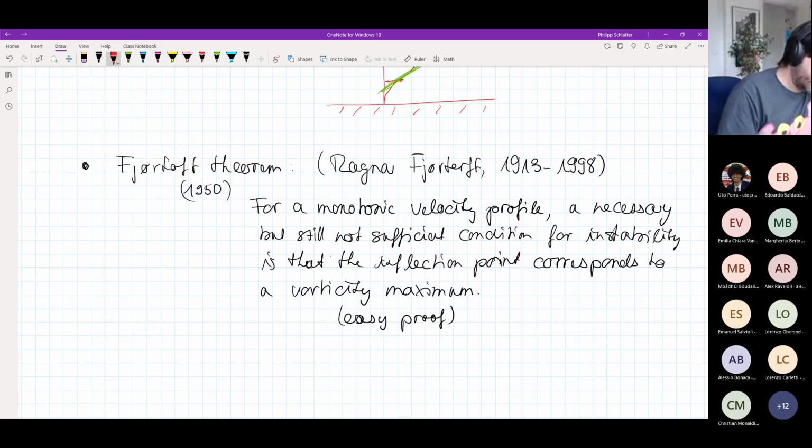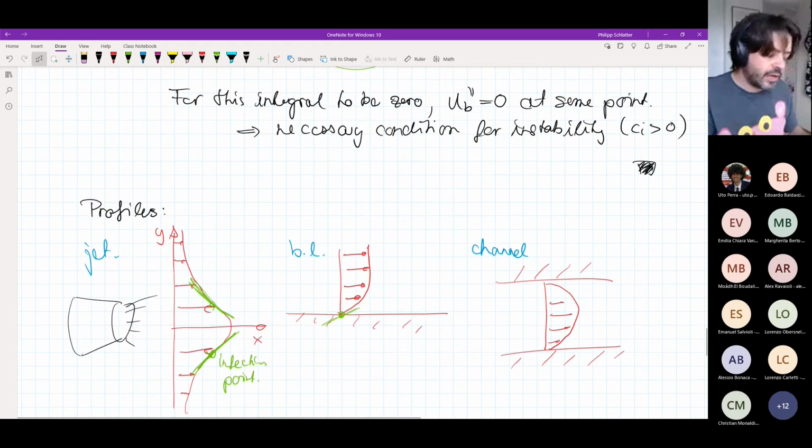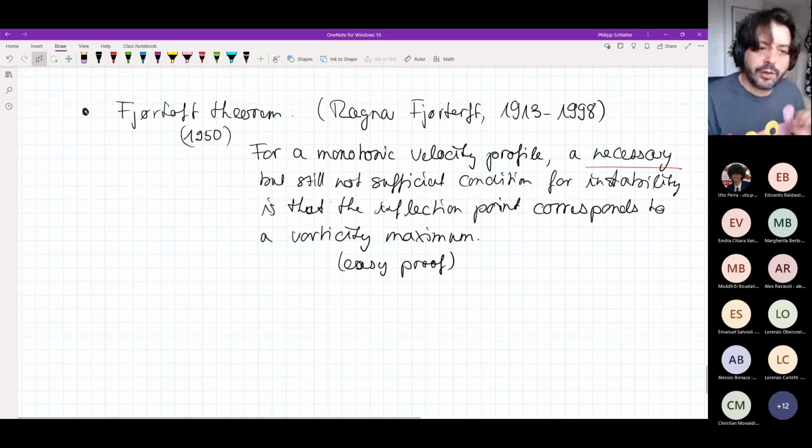So it's still only a necessary condition, so it didn't change anything from that point of view, but it essentially decides which of these inflection points may be unstable and which may not be unstable. From that point of view, it provides a stronger yet necessary condition for instability. So some of the inflection points that are deemed unstable from Rayleigh may actually not be unstable.